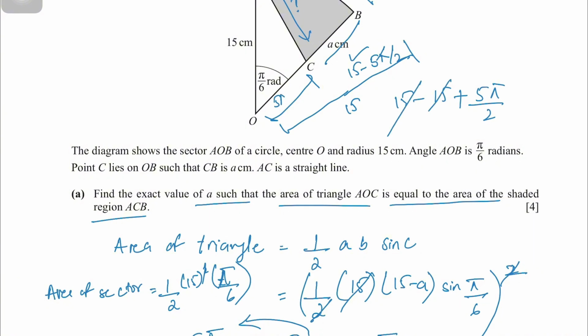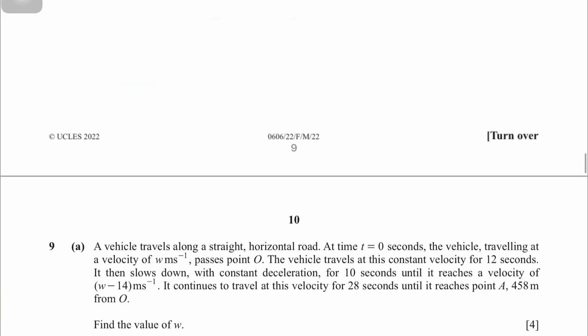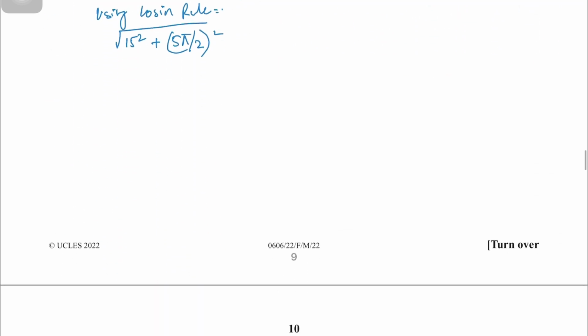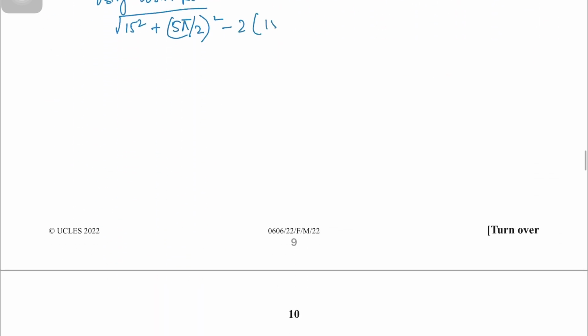So this would be 5 pi by 2 basically. So this is 5 pi by 2 whole squared. We are using this triangle. We have this length, and then this angle. And then 2 multiplied by 15 multiplied by 5 pi by 2, then cos pi by 6.